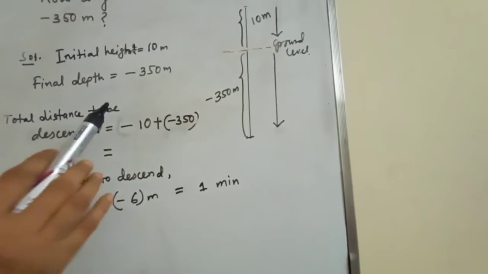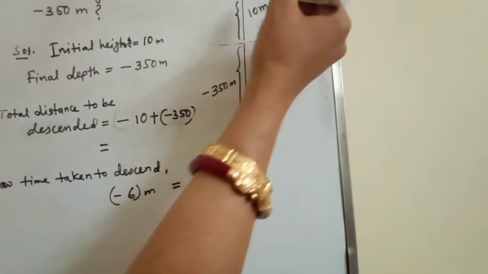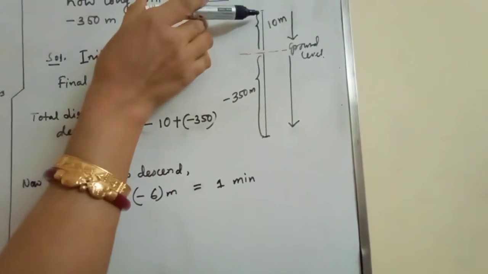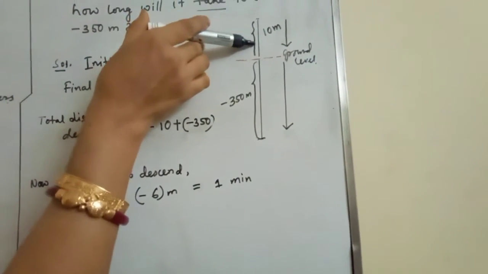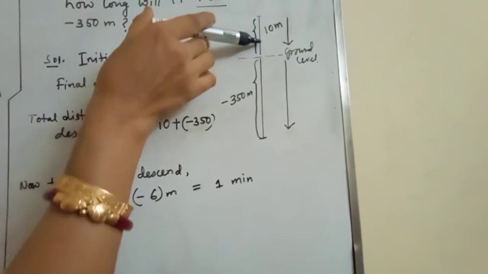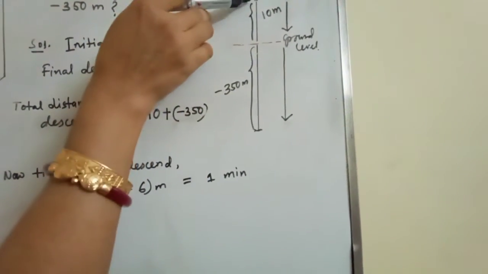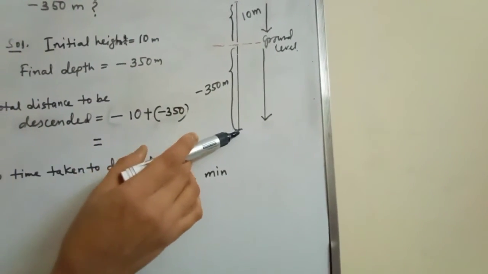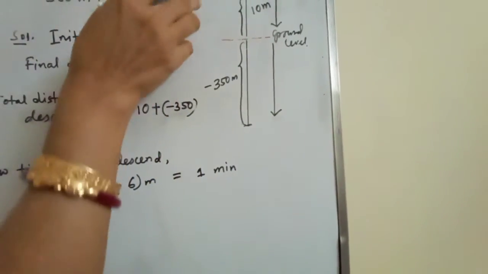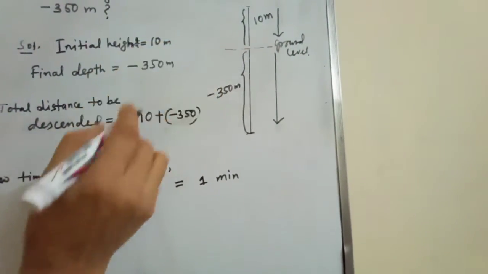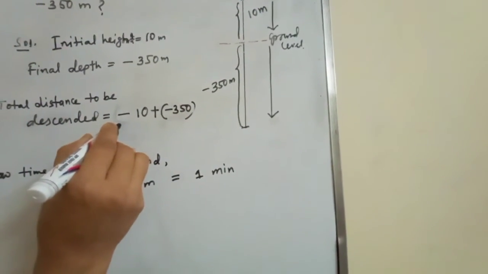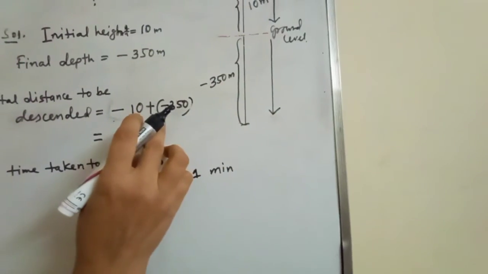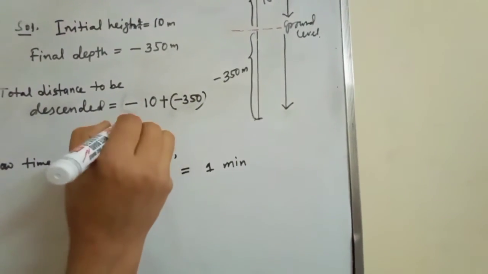Now, the total distance to be descended: how much distance does it need to descend from this position? From here it starts descending towards the ground level, so it goes minus 10 meters, and then you have to add the final position, minus 350. When you add these two, what will you get?